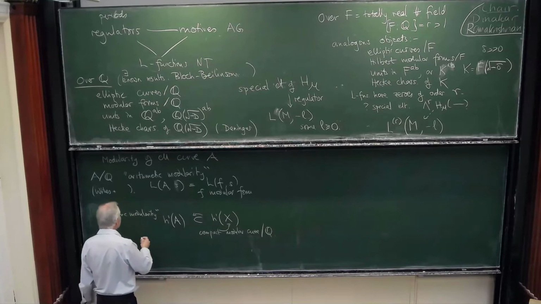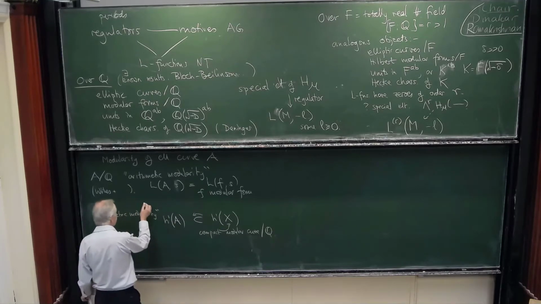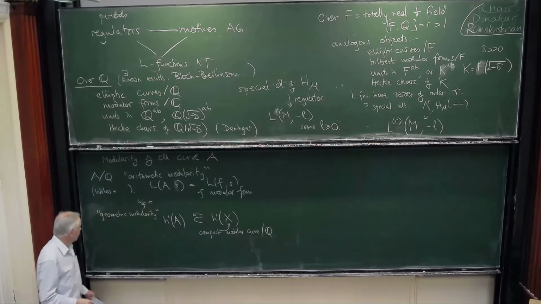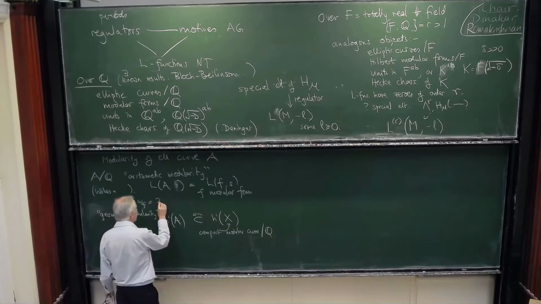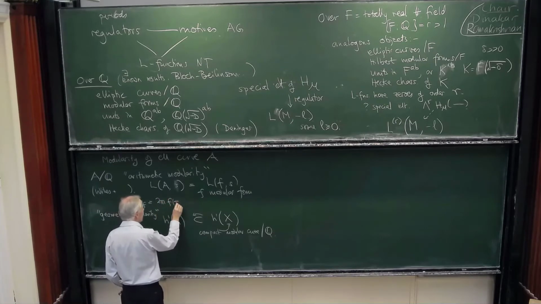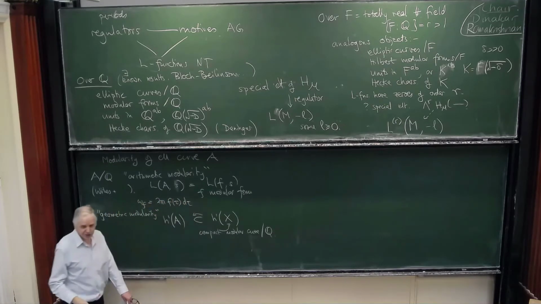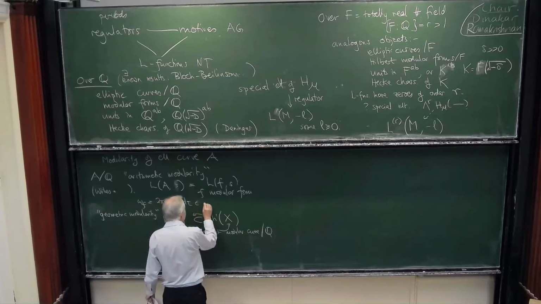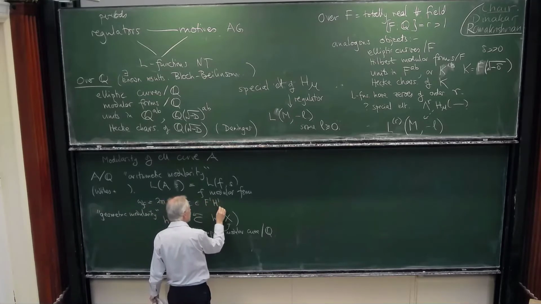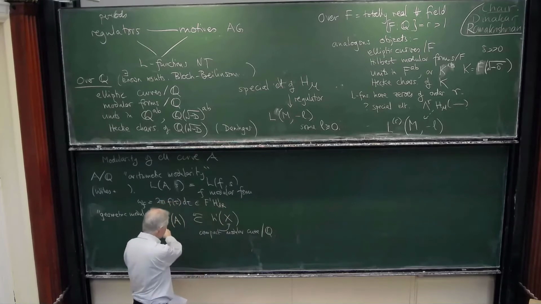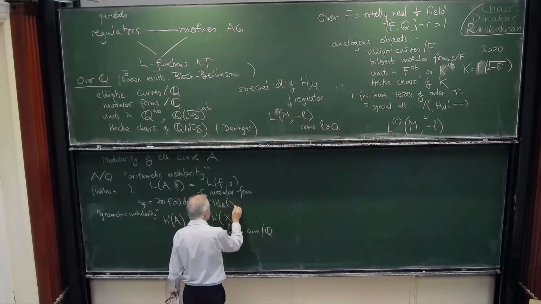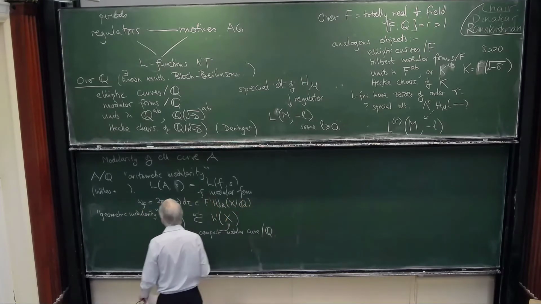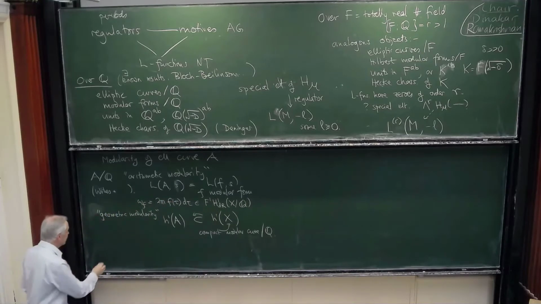And the relation between them is, of course, the fact that one has the one form associated to f. So that's 2 pi i f(tau) d tau, where tau, as throughout this talk, is just going to be the coordinate on the upper half plane. So that belongs to the f part of H1 de Rham of X over Q under this correspondence. So that's the link between these two things.